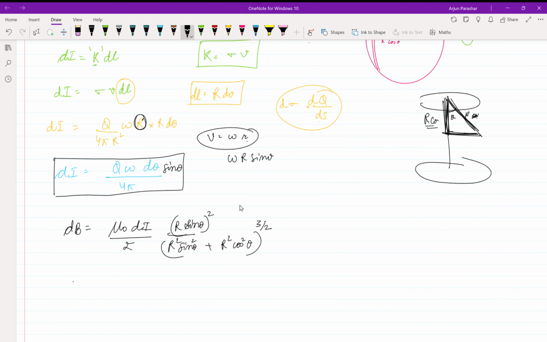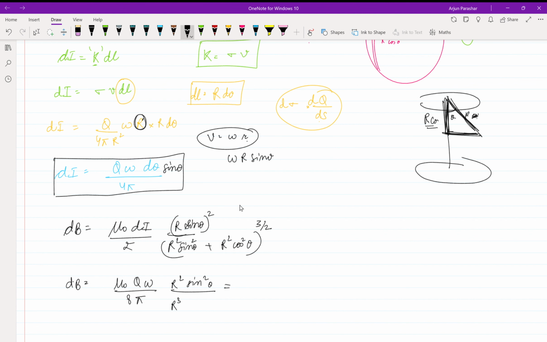So the only thing left is we need to integrate by just putting the values: mu naught q omega by 8 pi. I guess the 8 pi will become due to this 4 pi, this 4 pi and this 2, 8 pi, r square sin square theta upon r cube, and sin square theta plus cos square theta is 1, so it will get cancelled. So what things are left here?